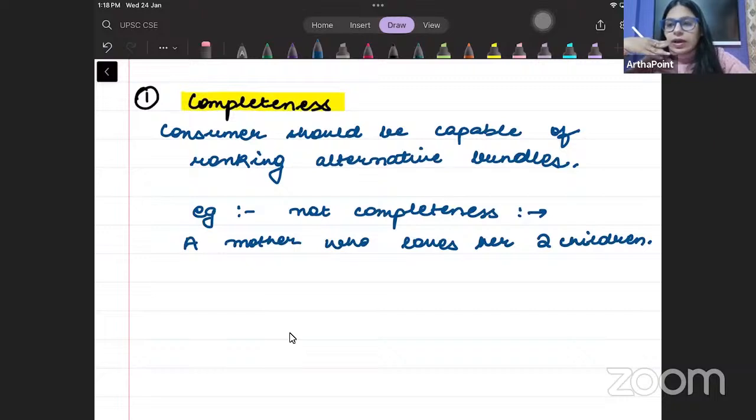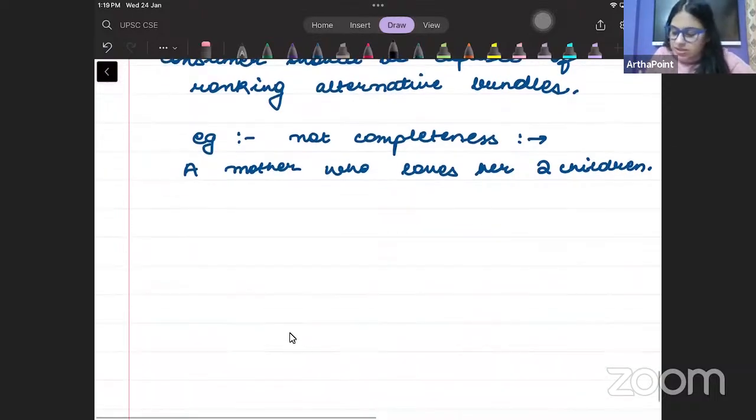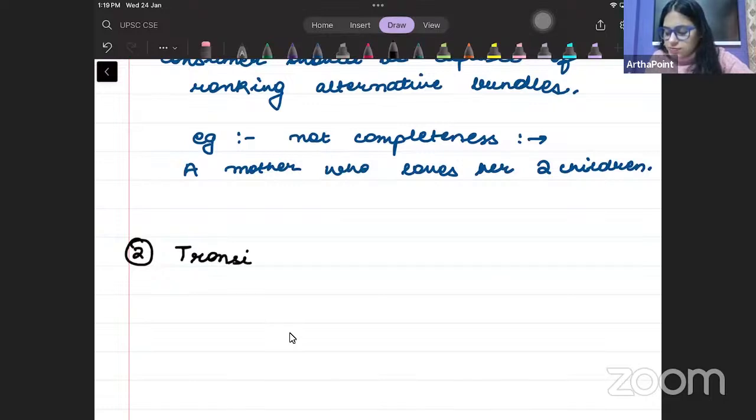So in some cases, you cannot compare, right? If I tell a mother that, you can only save one of your child, will she be able to answer that? Right? You will only be able to give food to one of your child, right? Will she be able to answer that? No. So in human emotions, completeness cannot be followed, right?